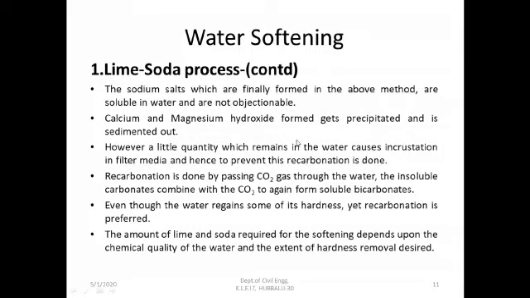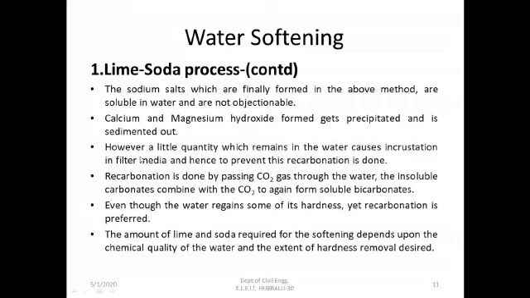By doing this recarbonation, the water again gains some of its hardness, and this will not hamper the limits. It will be well within the limits, but it is desired, and hence recarbonation has to be done.